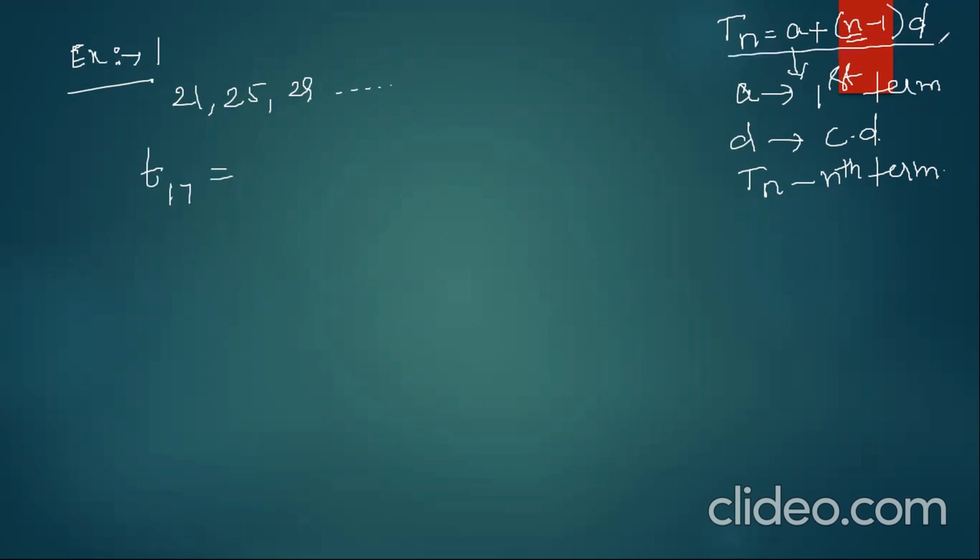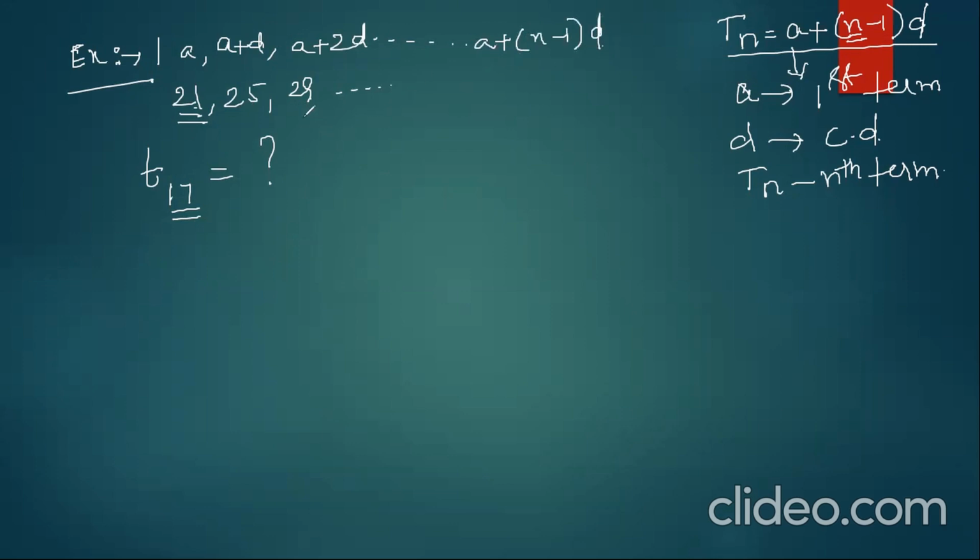According to the general or standard form of an AP, to find the nth term, here we are finding the 17th term, equal to question mark. First write what is given. A is the first term. Our general arithmetic progression is A, A plus D, A plus 2D, and so on, up to A plus (n minus 1) into D.